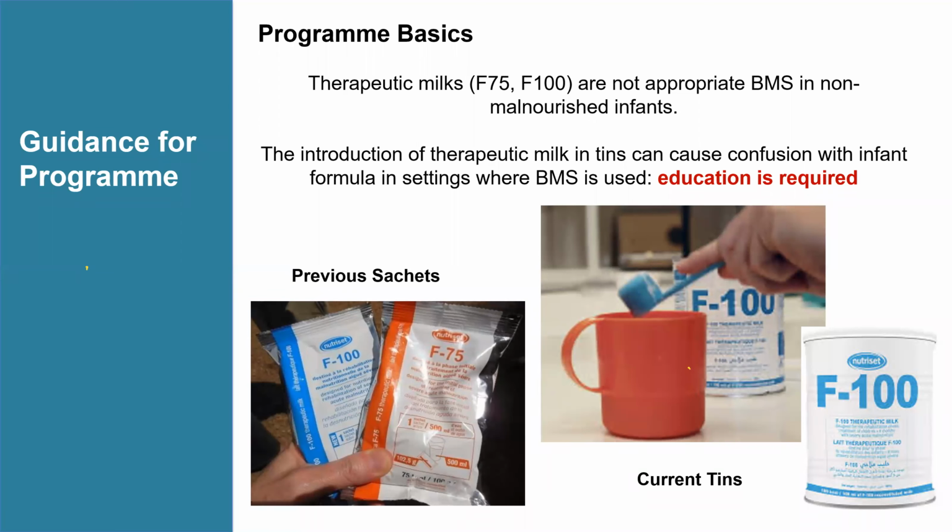The introduction of therapeutic milk in tins in 2017 can possibly cause confusion with infant formula in settings where BMS is used. So education is required. As you can see on the right, that's the new tin that was switched over from the previous sachets on the left.